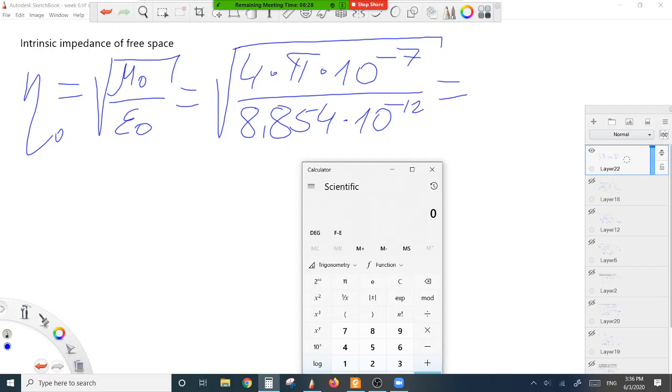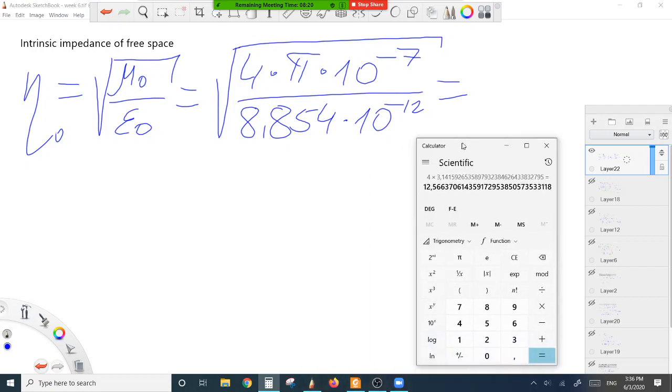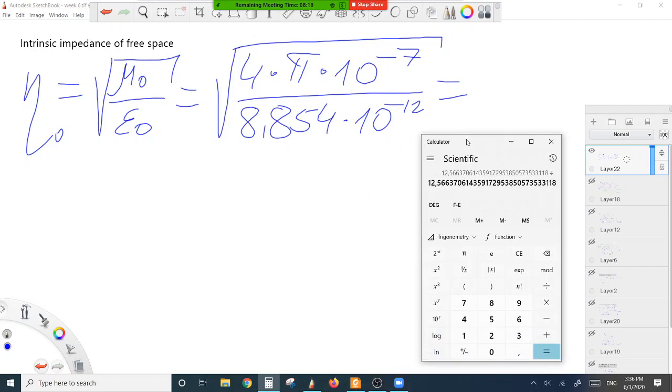Okay, if we compute this, 4 multiplied by pi is equal to 12.56. If we divide it by 8.854, it is equal to 1.42 times 10 to the 5.